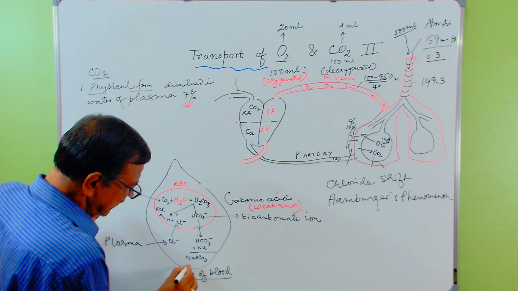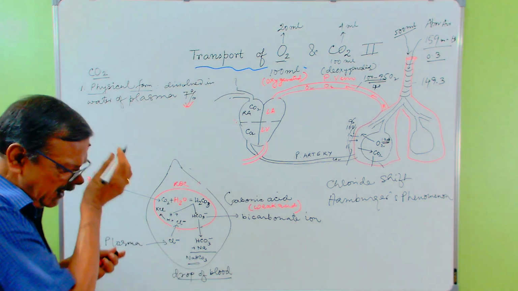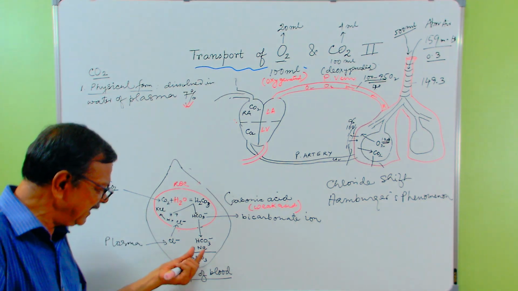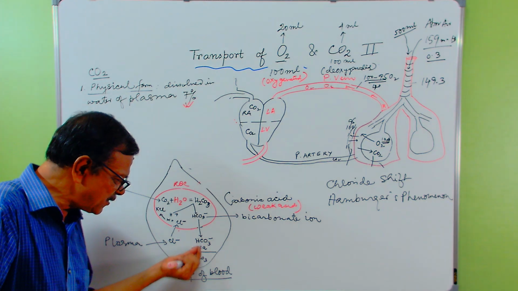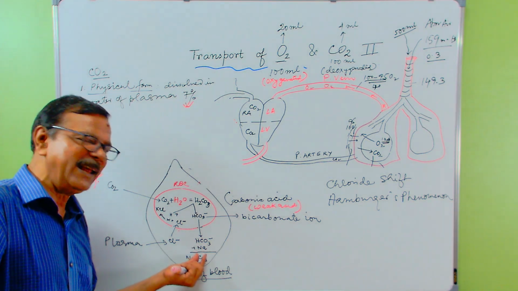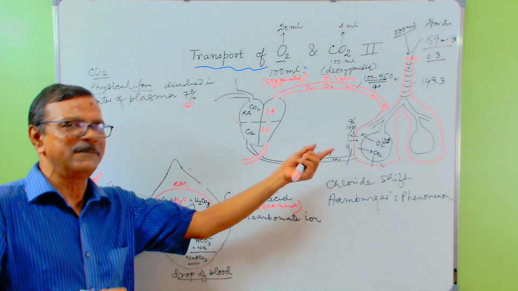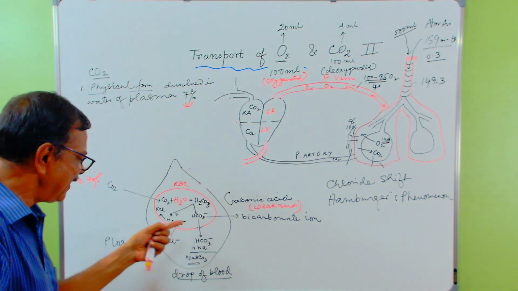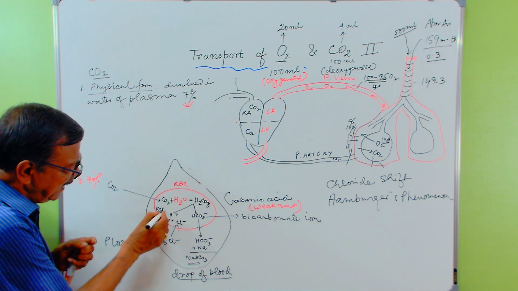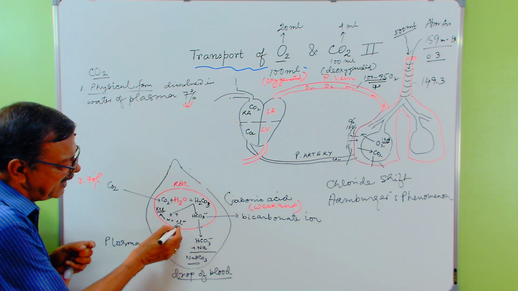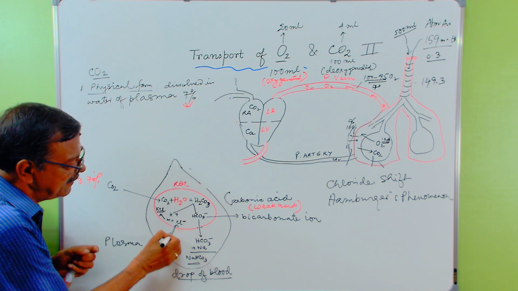Here the reverse takes place. What happens? Again, this dissociates into HCO3 and Na plus. HCO3 again enters into RBC. Clear? And at the same time, KCl dissociates into K and Cl goes out.